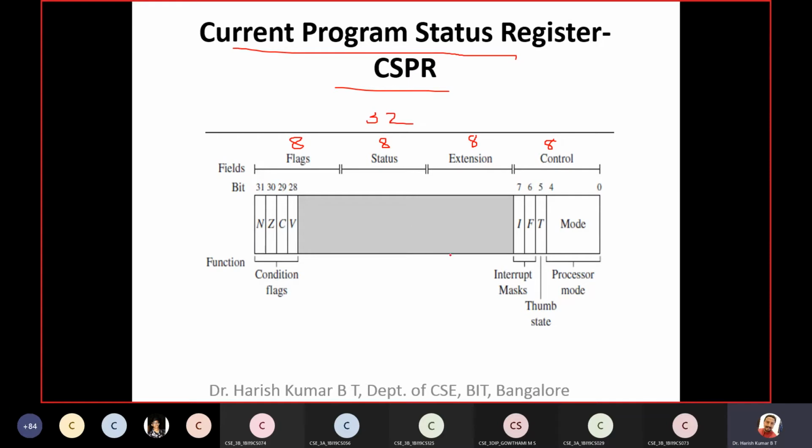Okay. Now, okay, sir, fine. So here you have written something: mode, T, F, I, N, Z, C, V, and why is this blocked? This is what is reserved for future extension. I don't know whether you remember, but everything is a connected component here.